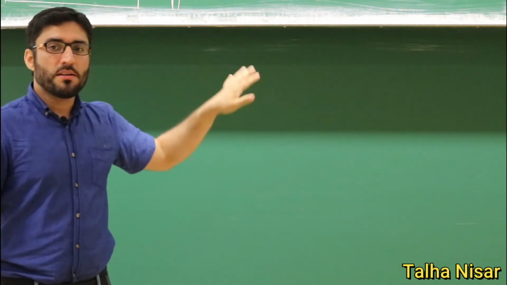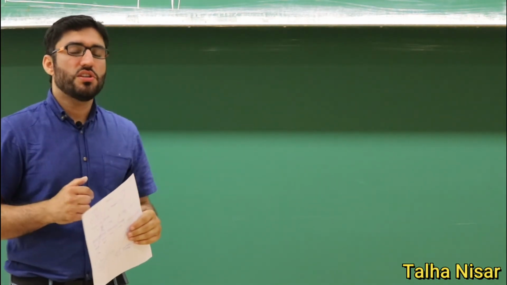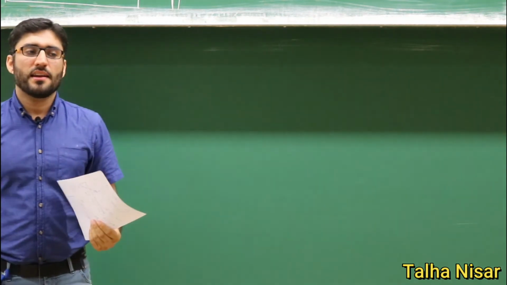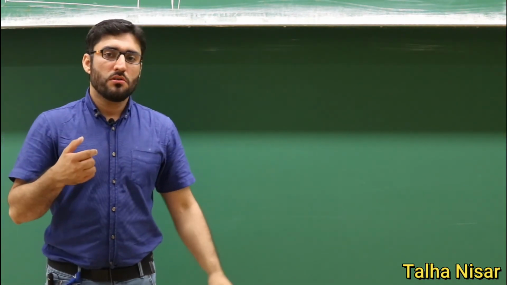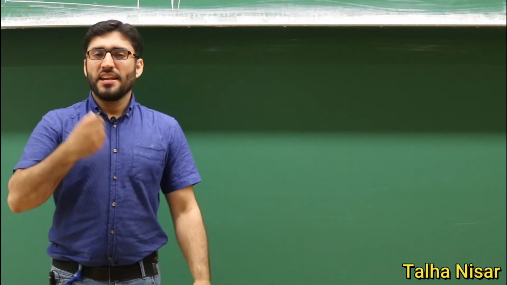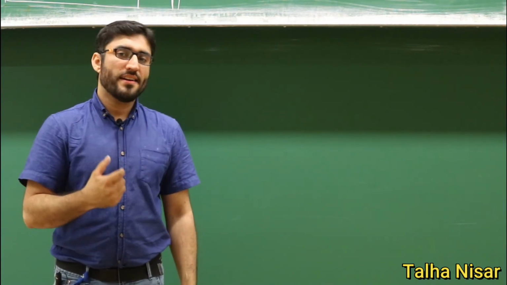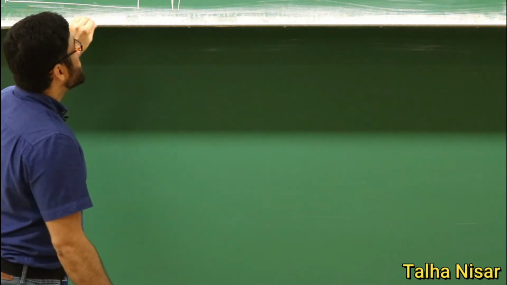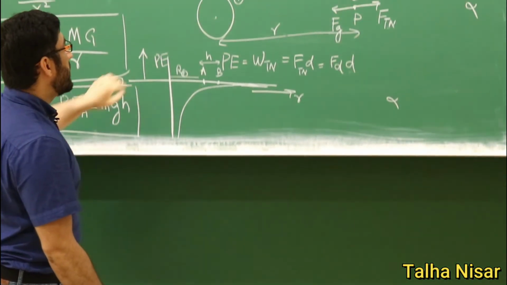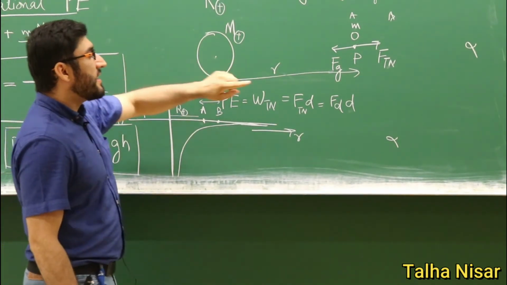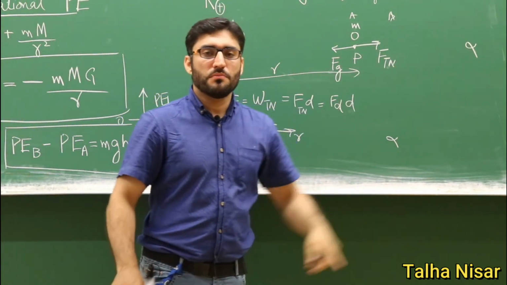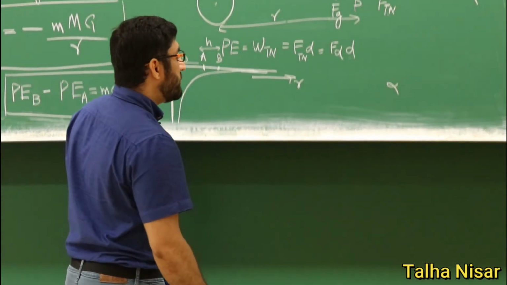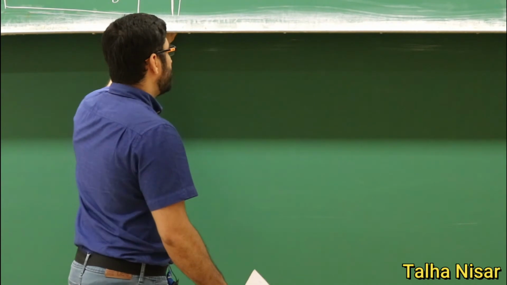Now, since we talked about the potential energies, the kinetic energies, and the mechanical energy, the conservation of mechanical energy, we now want to know what kinetic energy will be required for a body to actually leave the earth. For example, we have the earth here, and as we said, if we go far away from the earth, we will not feel the potential energy or the gravitational force.